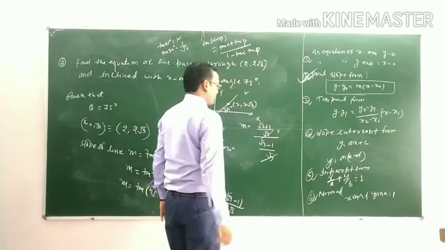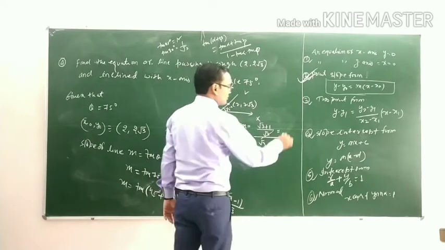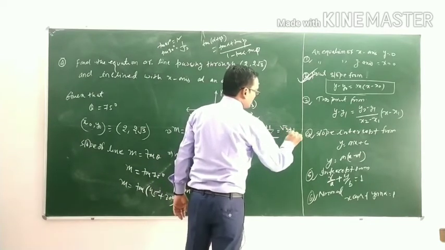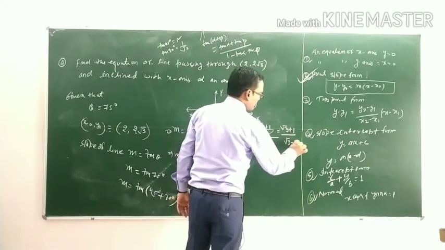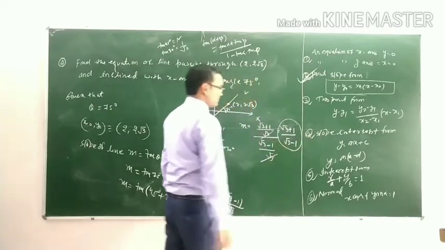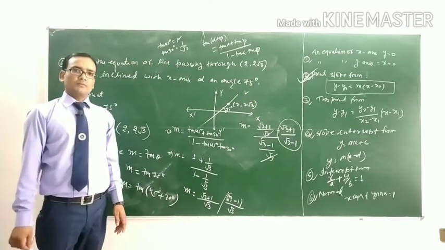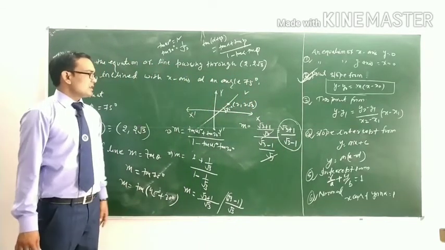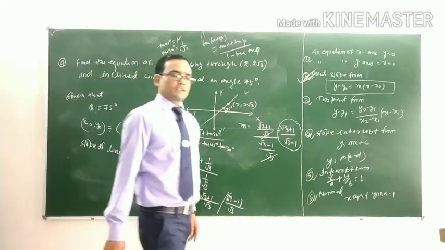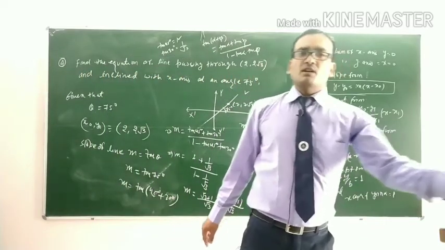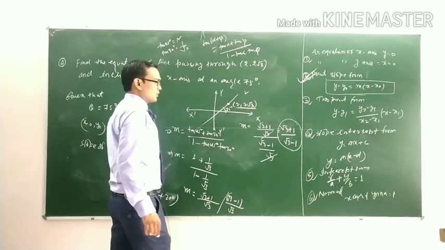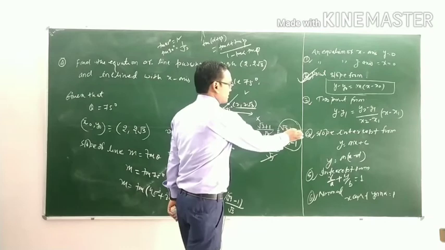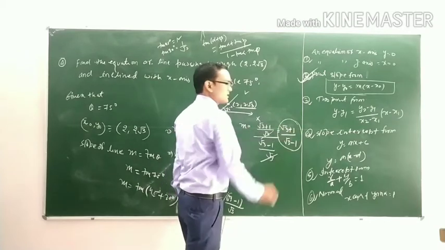Finally, we find the value of m equals (√3 plus 1) upon (√3 minus 1). Here the line passes through the point (2, 2√3) with slope (√3 plus 1) upon (√3 minus 1).